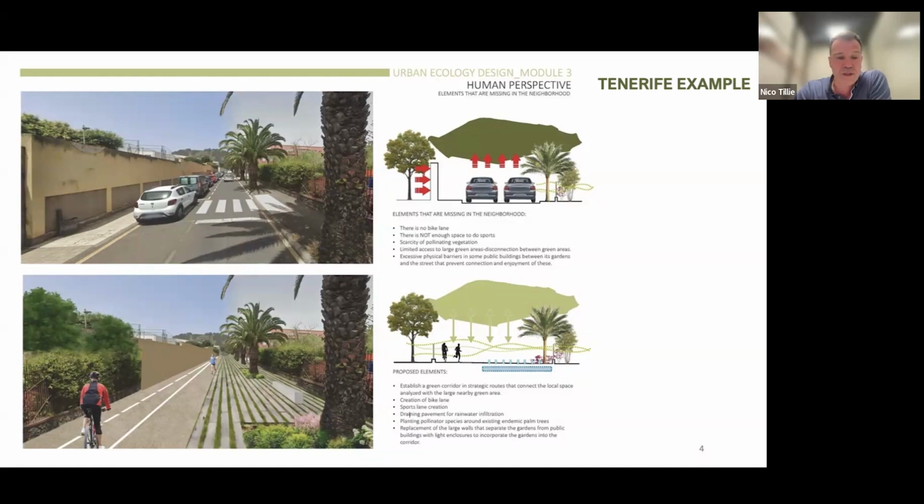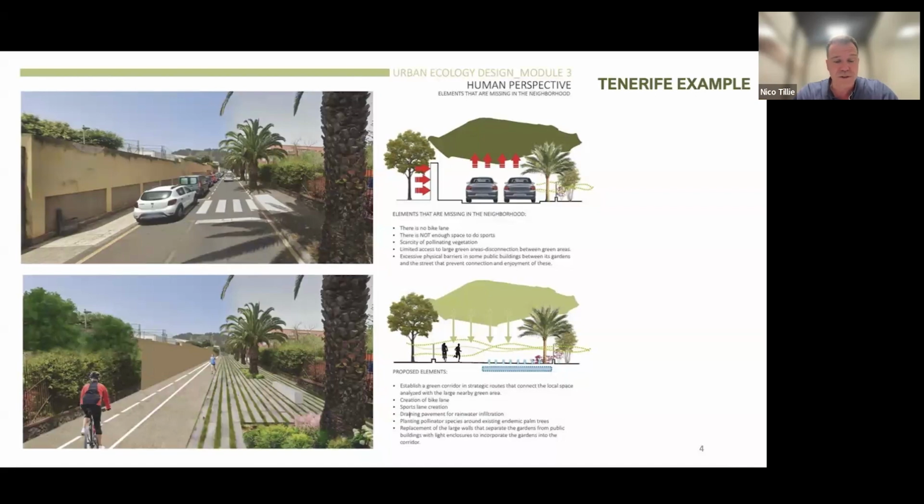In the picture at the bottom, we see some improvements: bike lanes, sporting facilities, but also semi-permeable pavements, so that when it rains a lot, the water can infiltrate into the soil. Near the palm trees, there are also some plants planted for pollination and for insects. If you have a local ecologist, you could also use local species for that, if that's not the case right now.